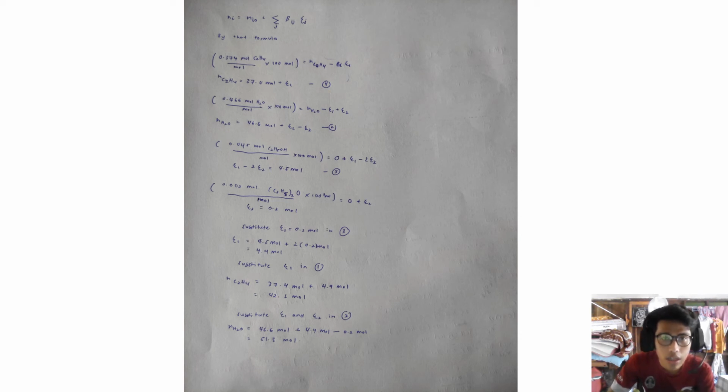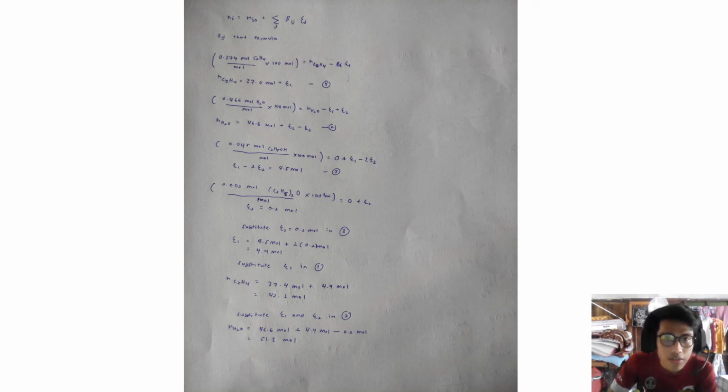For the next one, 0.466 mole of water over mole times 100 mole will be equivalent to number of mole of water minus Z1 plus Z2. So we will get number of mole of water equivalent to 46.6 mole plus Z1 minus Z2. This will be our equation 2.